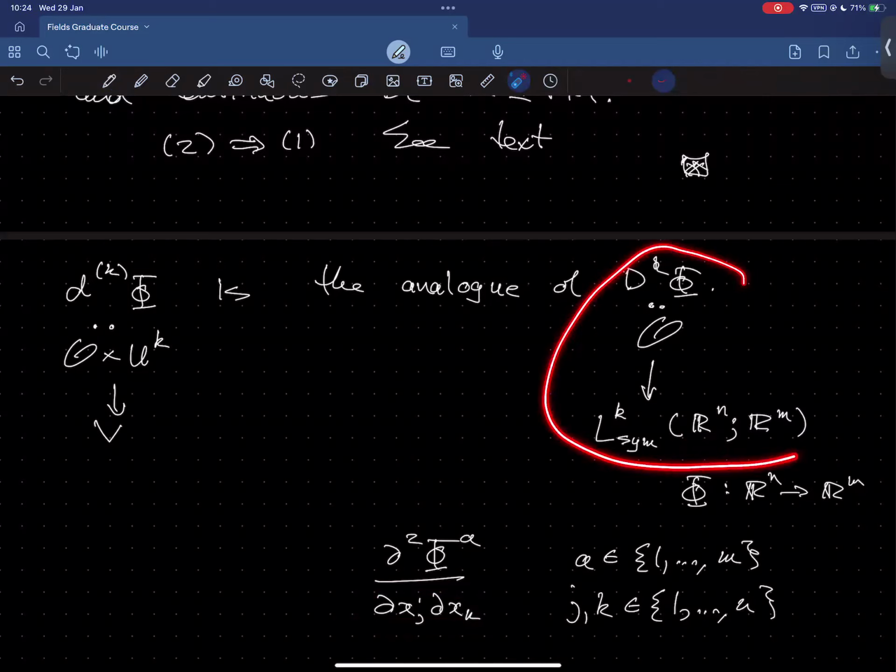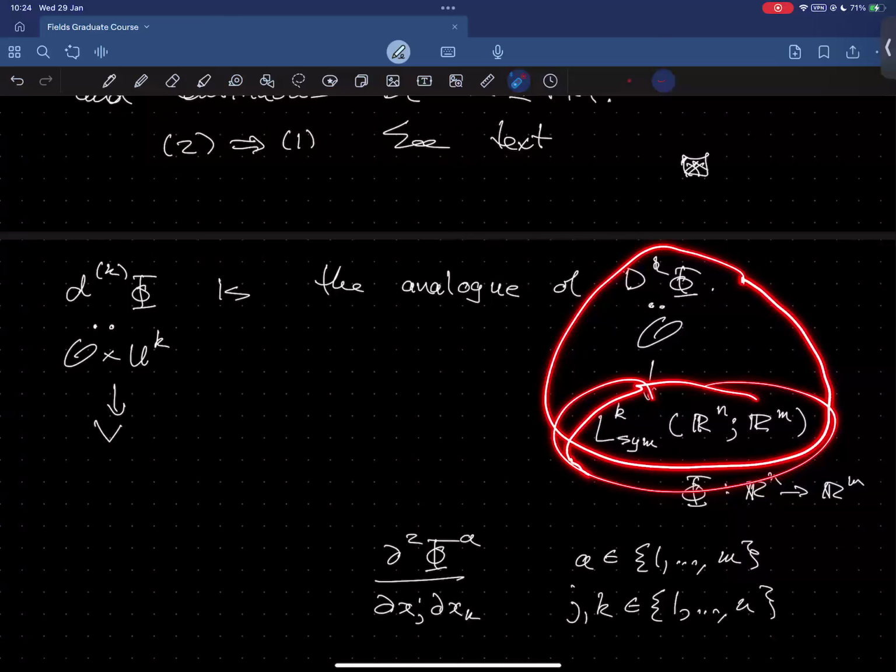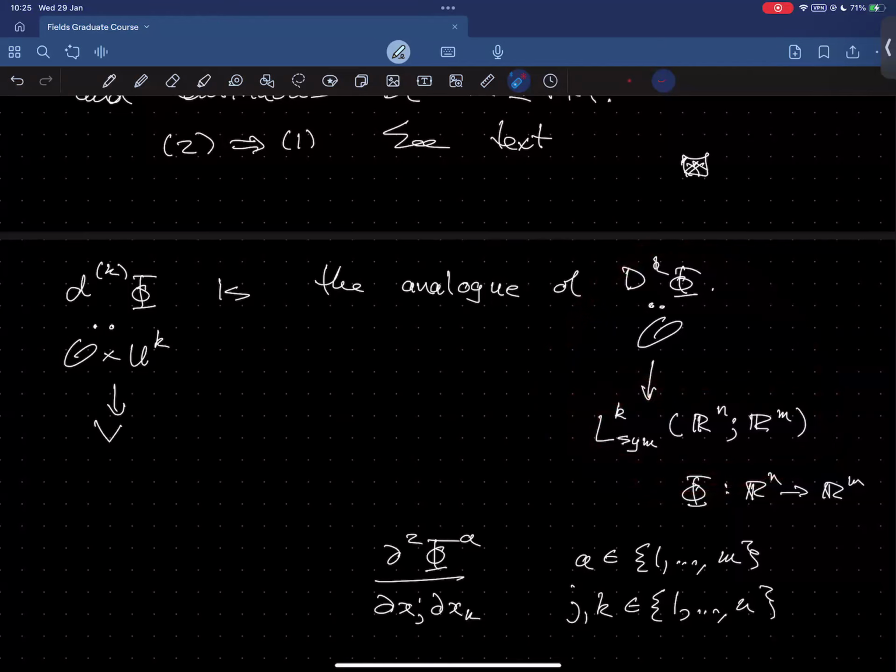All right, so this thing, and we're going to talk more about this notation. I'll carefully define this notation here in a minute, but it's good to see what that looks like in the case that you're familiar with, because now we're going to compare it to what's going on over here. Okay. And so the point is, just as the derivative d phi isn't just the derivative, it's the derivative evaluated in a direction.